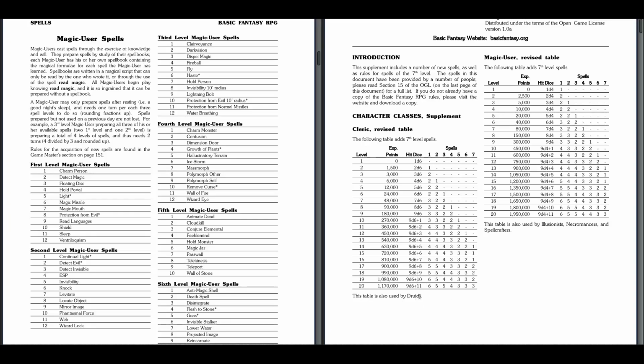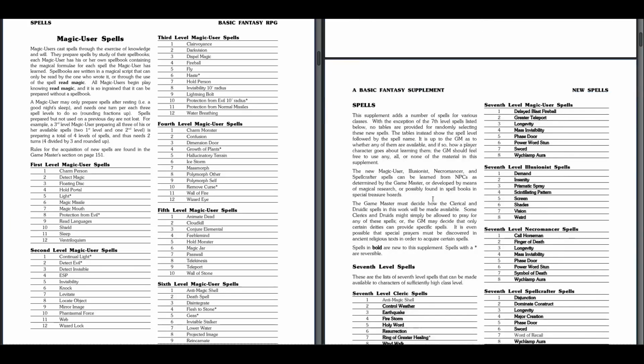And then also it has some different classes that are available in another supplement. I'm not going to get into that. But ultimately you could use this cleric table for a druid, and then you can use the magic user table for illusionists, necromancers, and spellcrafters. But anyway, so it looks like their first 7th level spell would be at level 14 for a cleric, and for a magic user, level 13.